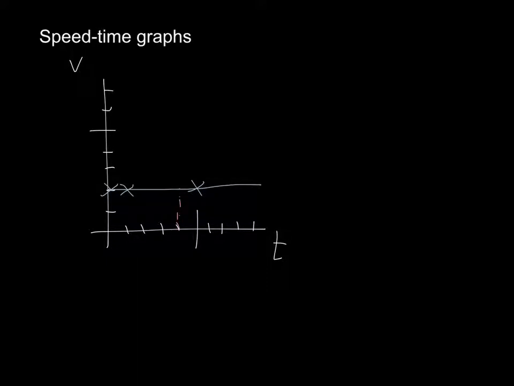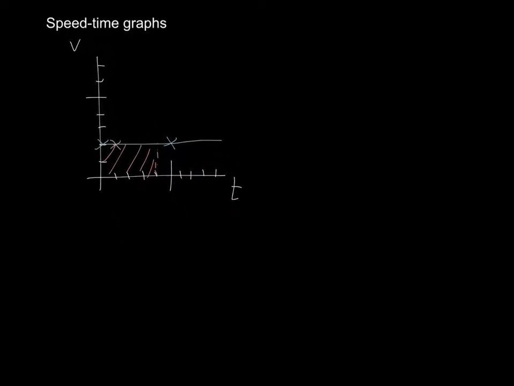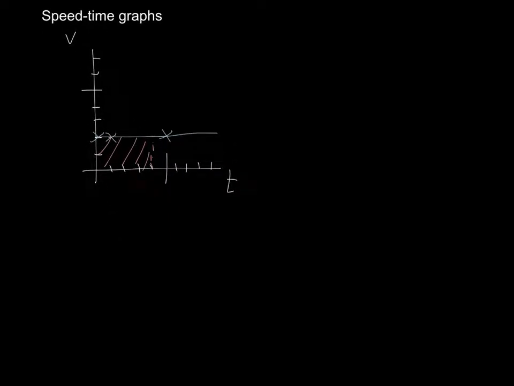2 meters every second, that's 4 times 2, that's 8, which is just the area under the line. So basically I can use a speed time graph to calculate the displacement of my car simply by taking the area under the line that shows the velocity. And again, this is one of the 2 things that you need to know very well, and if you know these 2 rules, you really can't go wrong.